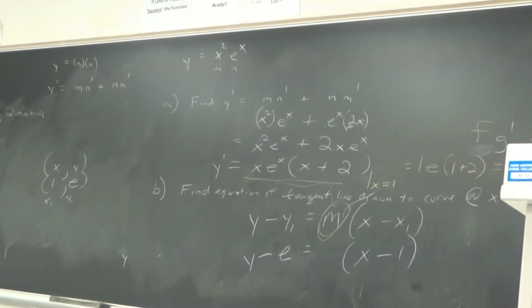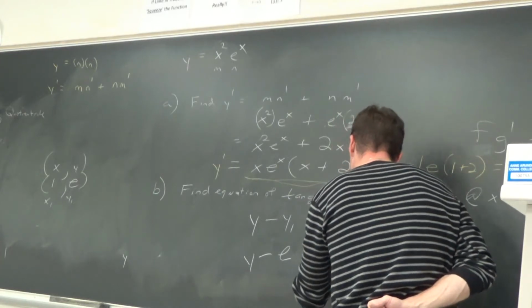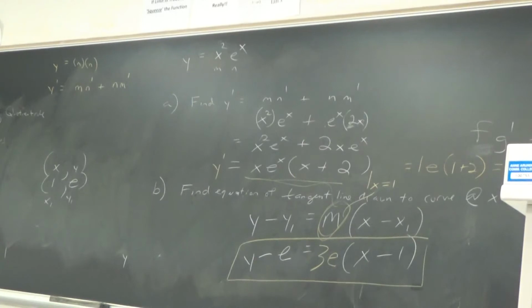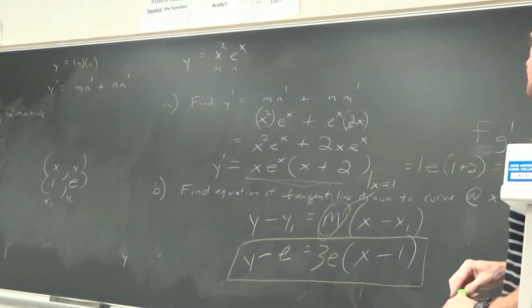That'll be my slope. 3e. Done. Looks weird though, huh? I know. Better than getting a slope of 0 though. If we got a slope of 0, you would just have y minus the value of whatever the y point was equals 0.